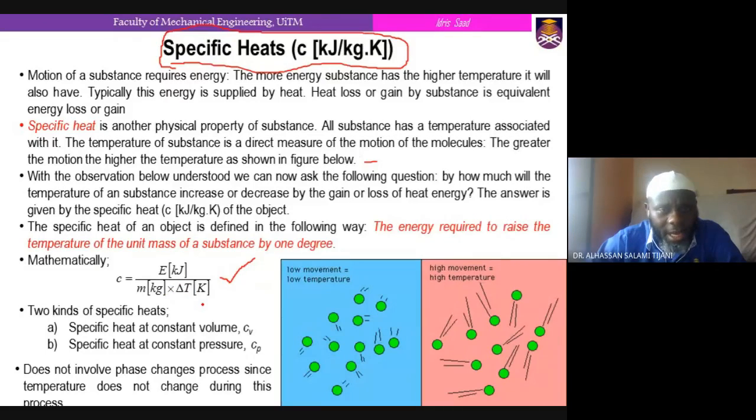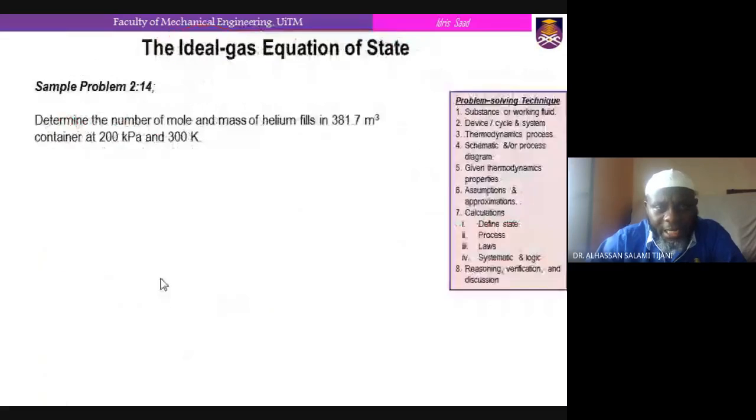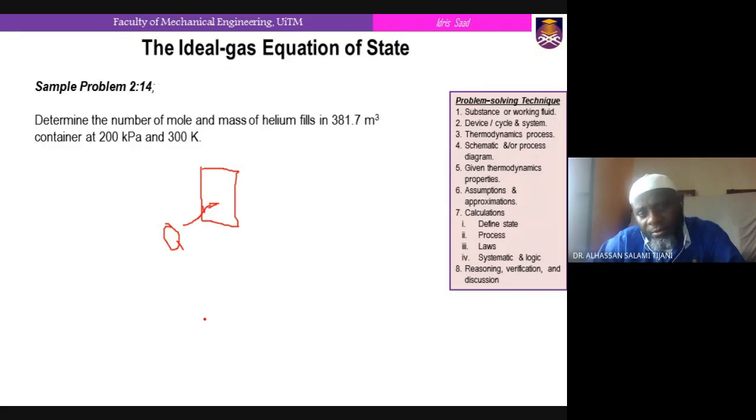Let me give a classical explanation here. Let's say we have a substance in this closed system. We transfer a certain amount of energy, Q, to it.